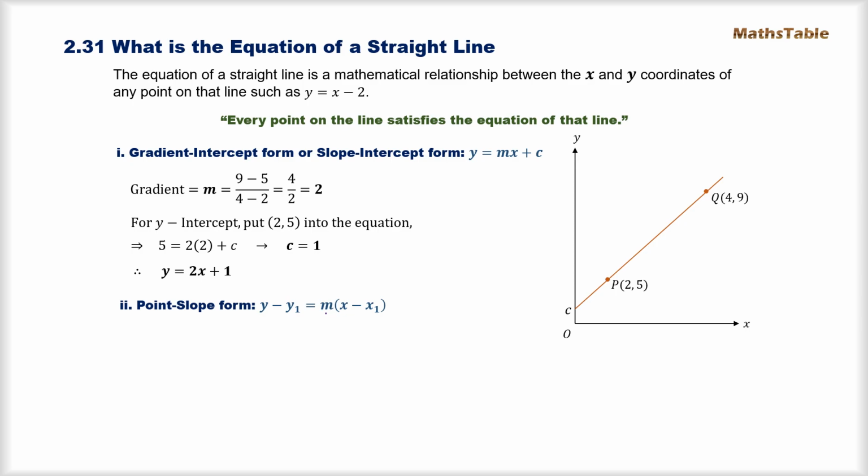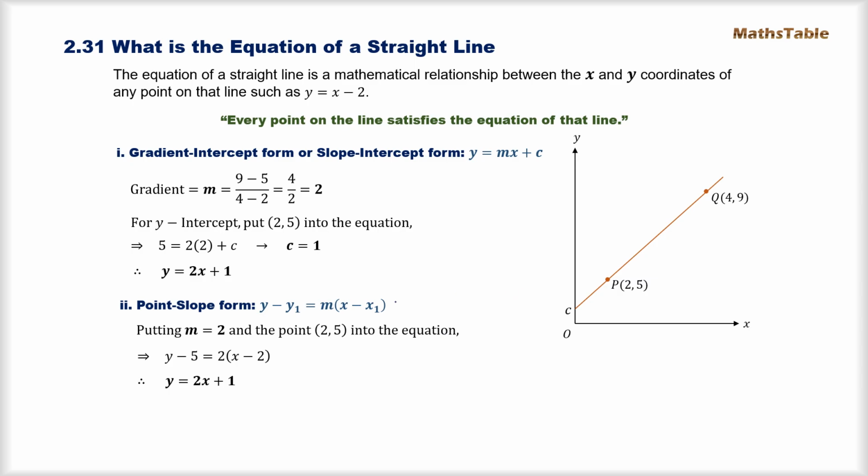So if we have calculated the gradient before, we can use the same value for m, and we can put the same point P into this formula, and after simplifying it, we'll get the same answer as before. So we can use either of these two methods based on the given information to find out the equation of any given straight line.